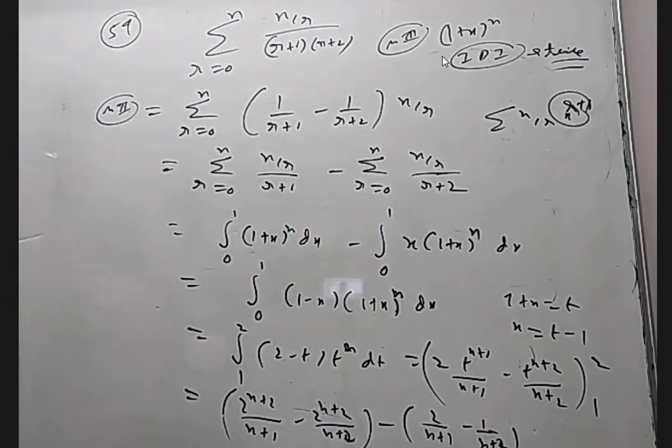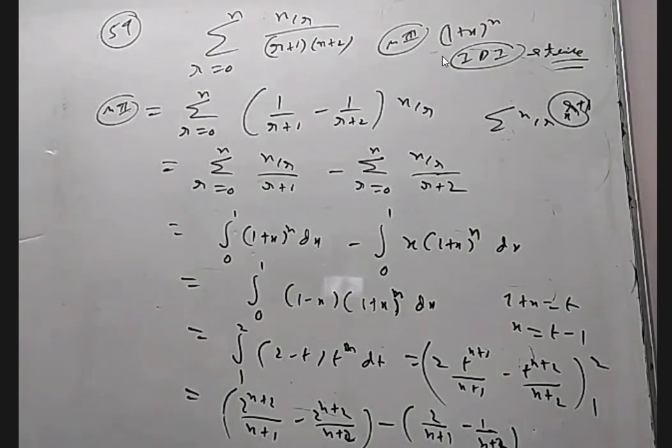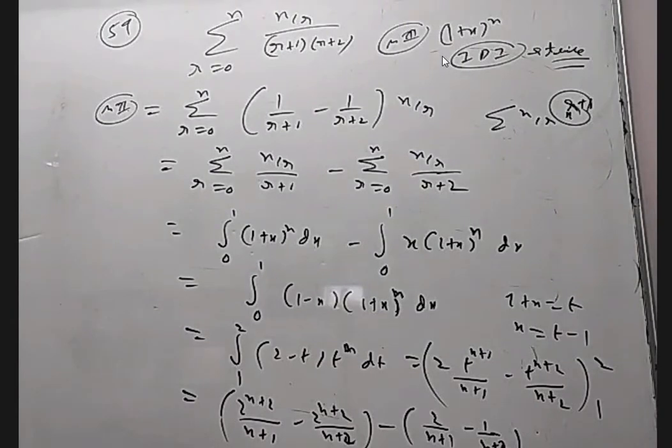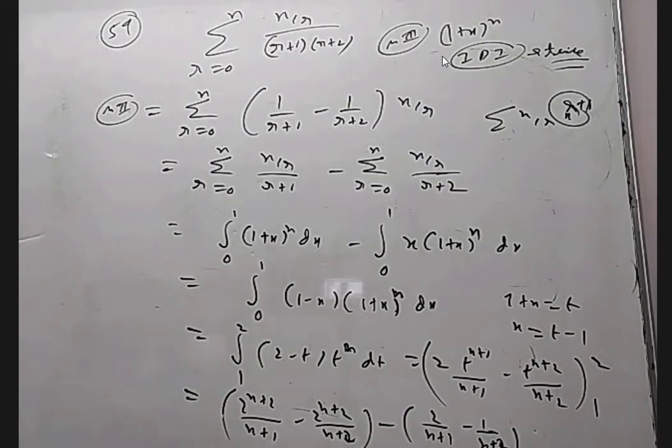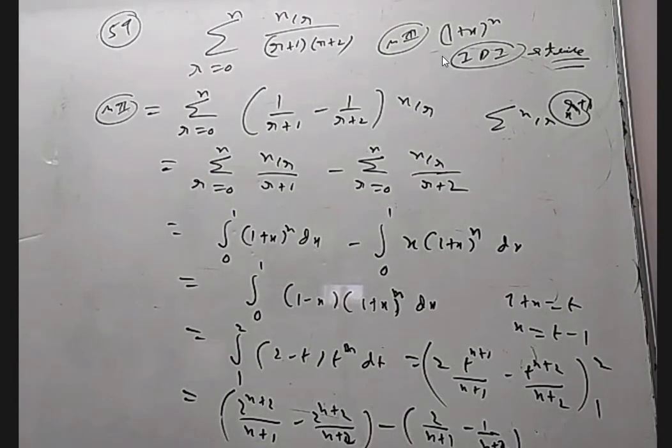But every time you have to write a constant and find that constant by substituting values. I'm not writing that in detail, but you can do it yourself. I prefer method 3 only, but I still want to give you an idea about method 2, that whenever you have two or three such things in the denominator, you can do it like this.